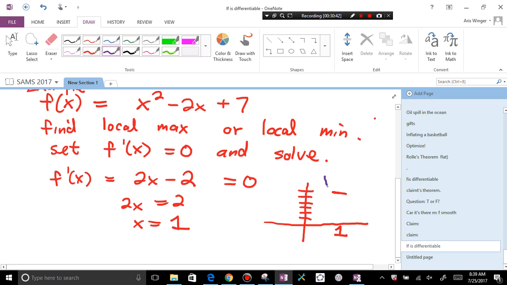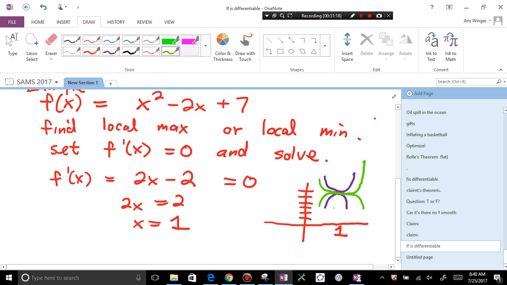Either it's doing this, it's doing that, or it's doing this, that, all sorts of things, right? The first 2 I wrote makes it a local minimum and a local maximum, respectively. The other 2, those wiggly things, those x cubed type things, it's neither, right?